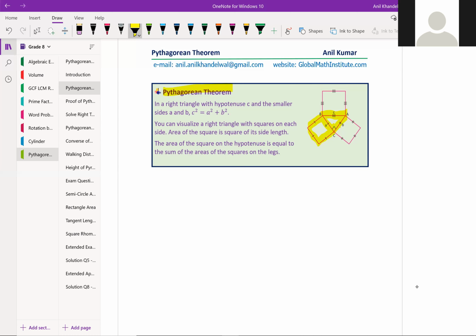Correct. So what we're trying to say here is that the area of any square is equal to side squared. So if the side is A, the area will be A squared. If the side is B, the area will be B squared. If the side is C, the area will be C squared. So in short, we are just saying A squared plus B squared is equal to C squared.